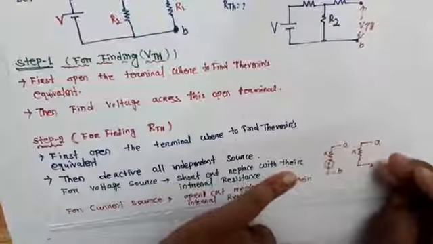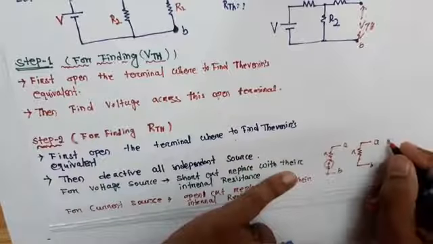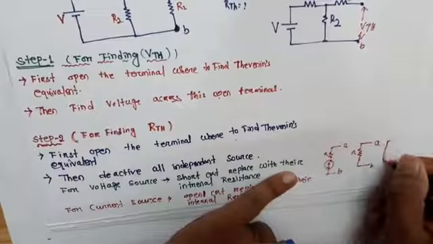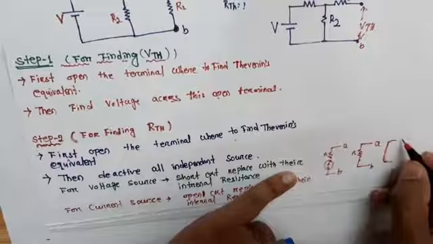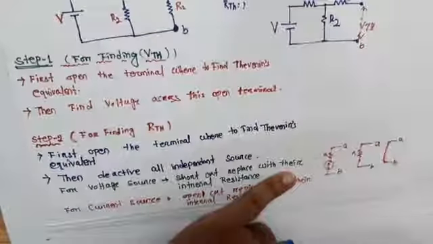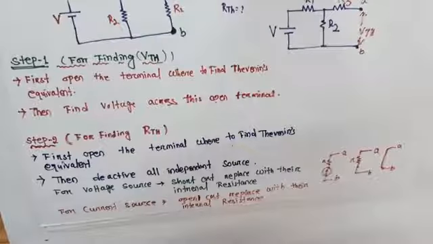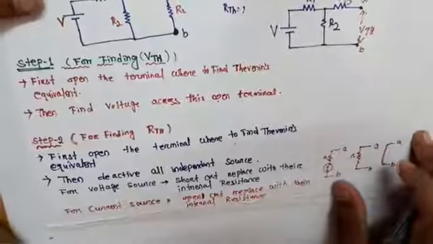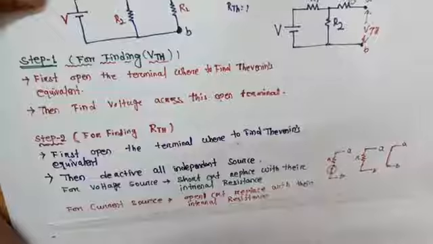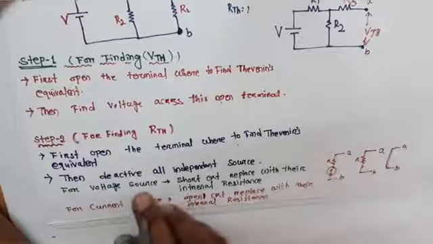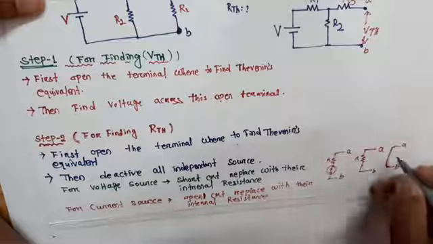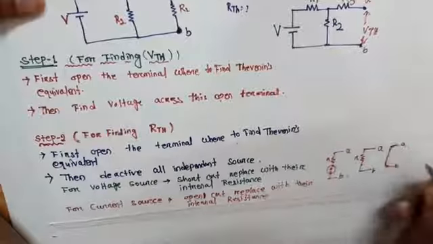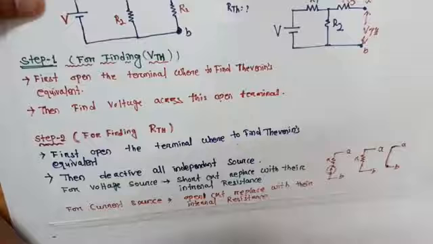If there is no internal resistance, we can directly short circuit it. We short circuit a voltage source because in a short circuit the voltage is 0.